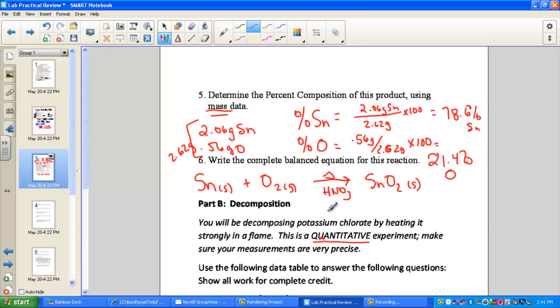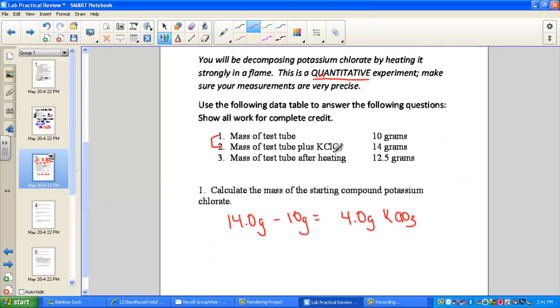We'll calculate the mass of potassium chloride produced after the reaction is complete. So let's go back to that data table and see what we had. Here's the mass of the test tube after heating. Now remember, this test tube has a residue inside. It's a dirty test tube. At the very end, potassium chloride is in the test tube. That's line number 1. So the mass of the test tube after heating includes the potassium chloride because the oxygen gas is leaving the test tube and going out to the atmosphere.